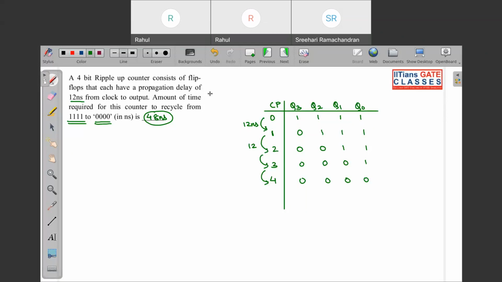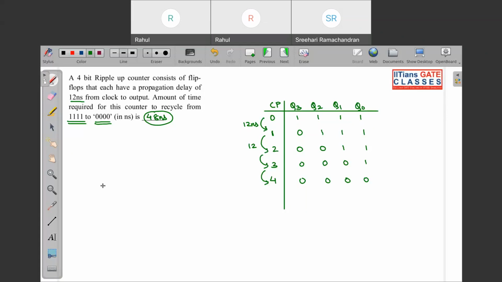I have one doubt. Why is it named ripple up counter? Actually, its sequence is going down. The sequence is from 1111 to 0000, so it's actually down counting, right, sir?